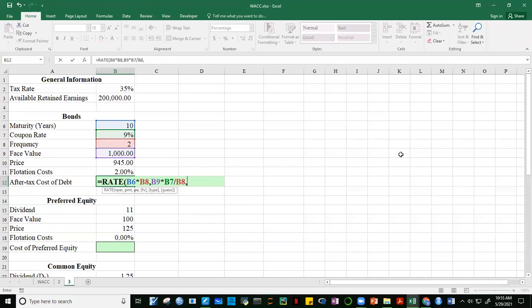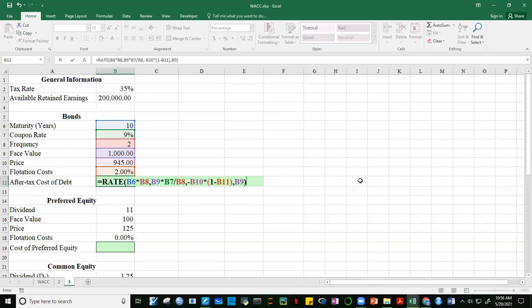Our present value is, ano yung present value natin? Diba, ina-negative din natin to kasi negative yung present value tapos ang ginagawa natin yung annuity natin at saka future value positive. Our present value is 945. Ito yung price ngayon. Kaso, may flotation cost, no? Times 1 minus, binawas natin yung flotation cost na 2%. Okay? And then, comma, future value natin is our 1 million.